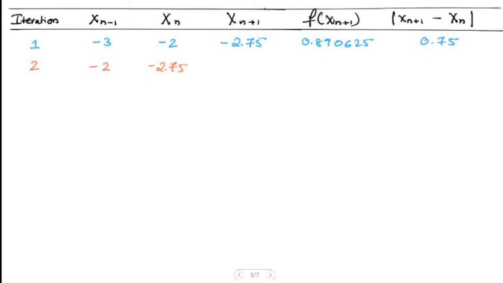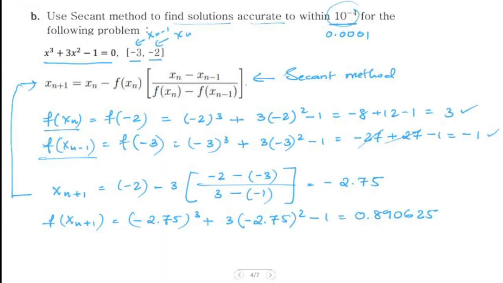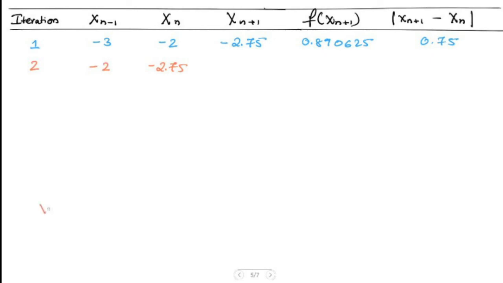When we put those two in our formula, we have xn plus 1 is xn minus f of xn times xn minus 1, divided by f of xn minus f of xn minus 1.